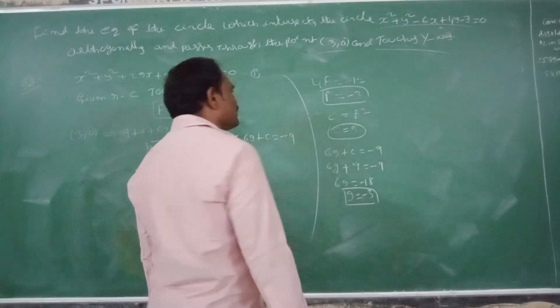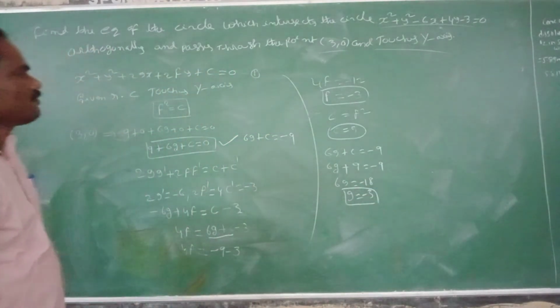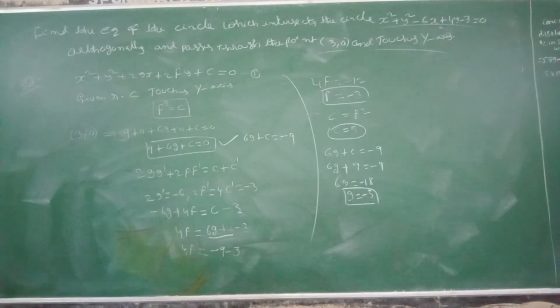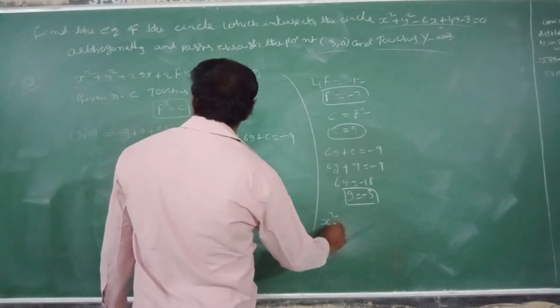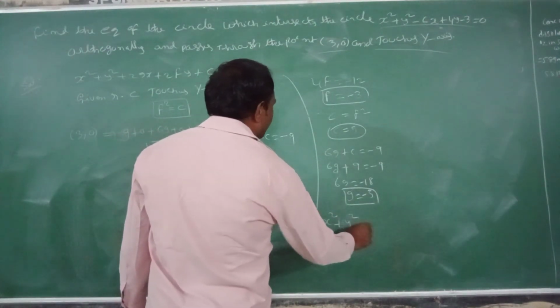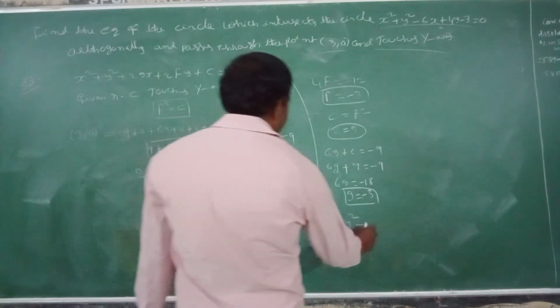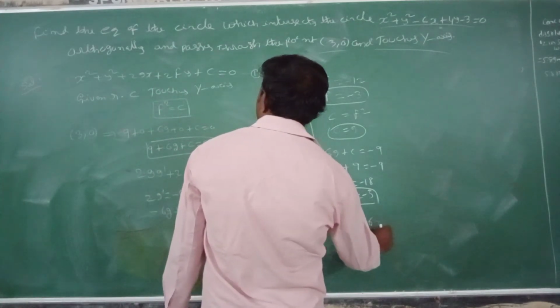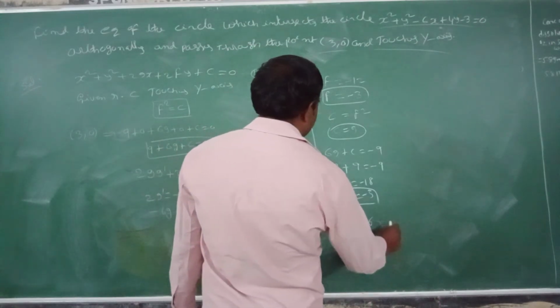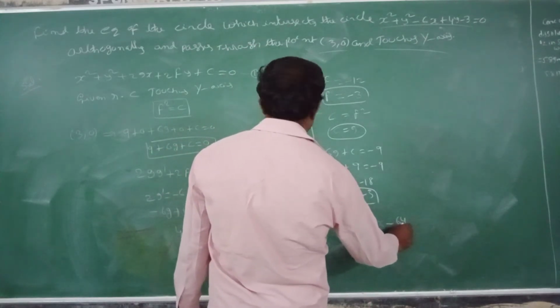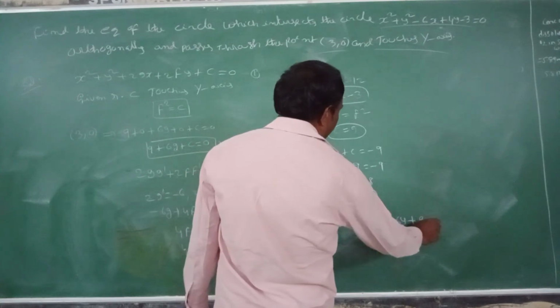So we substitute these values of g, f, c in the general equation and get the required equation of the circle: x squared plus y squared minus 6x minus 6y plus 9 is equal to 0.